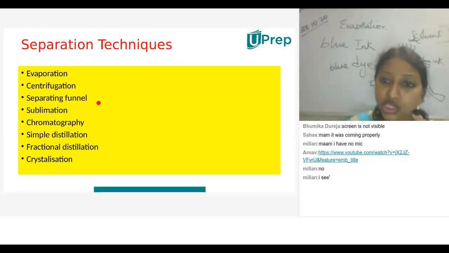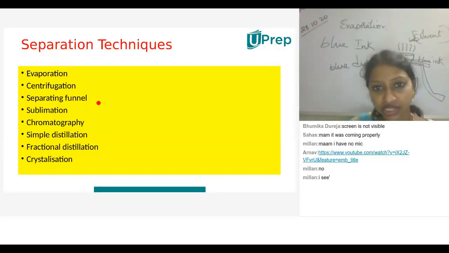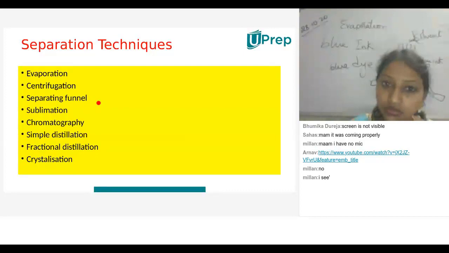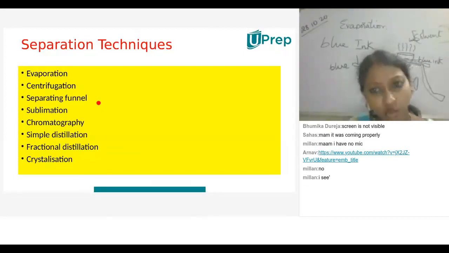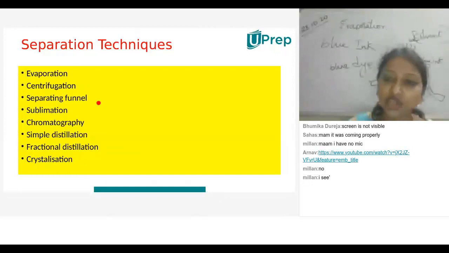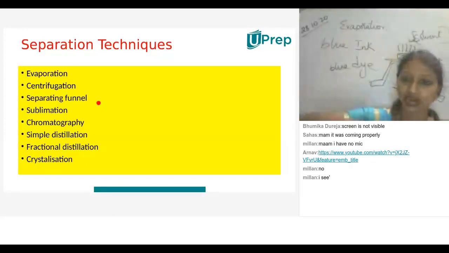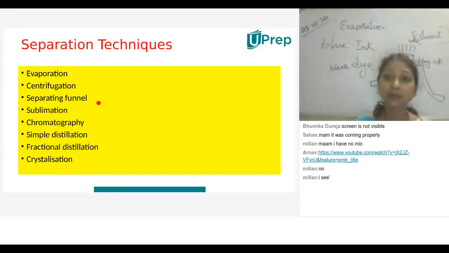So centrifugation is used to separate small sized particles. That's a centrifuge machine. It is also used to squeeze out water from clothes in washing machines. When you go with automatic washing machines and drop the wet clothes inside and allow them to dry, what happens?